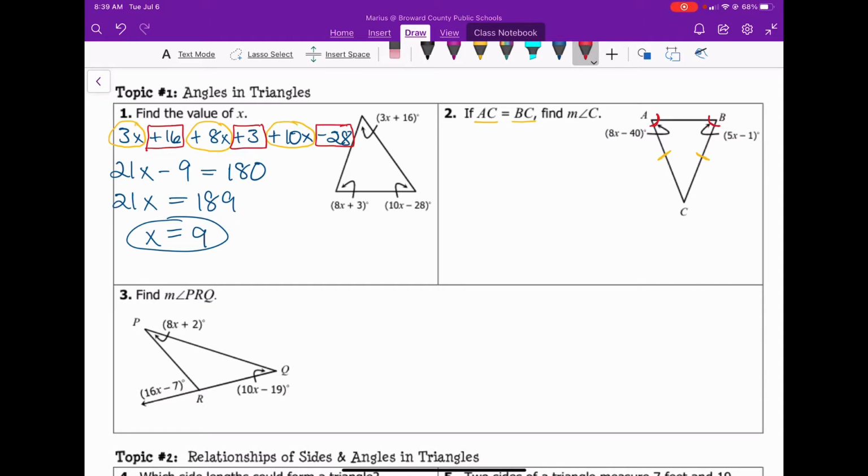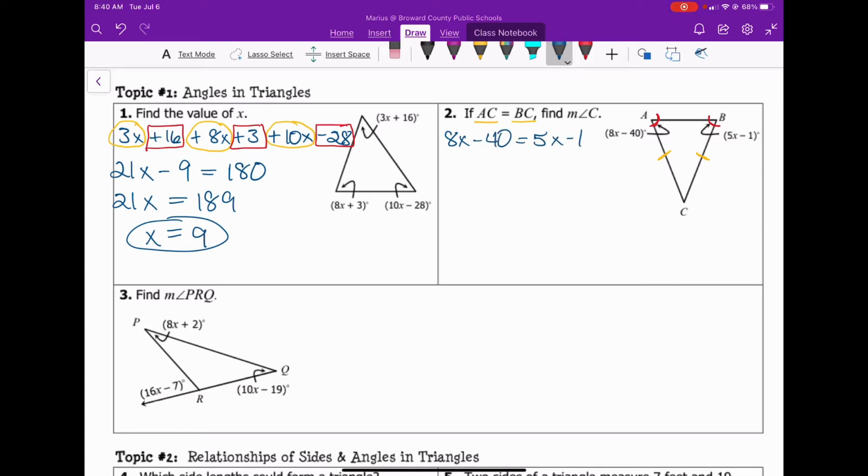So the angles that are at the bottom, if you will, of the triangle, even if it's upside down, well, in this case, they would be at the top, but the base angles are what are going to be the congruent angles there, okay? So now with that being said, we already know that the equation we're going to write to solve for x is going to be 8x minus 40 equals 5x minus 1.